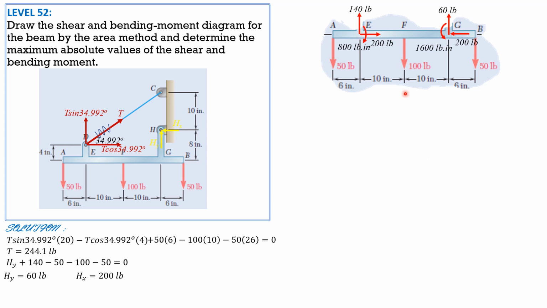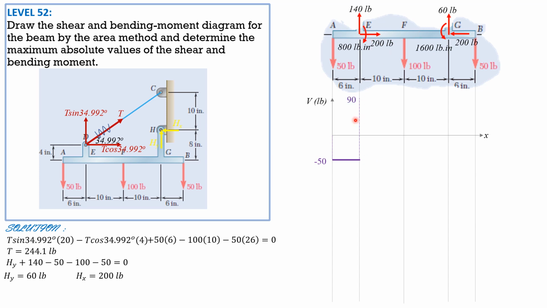So we are now ready to plot the shear and moment diagrams. So this is the shear diagram. So first we go down by 50, so we have negative 50 here. Then between A and E, there's no loading, so it's just horizontal, constant. Then plus 140, so 90.